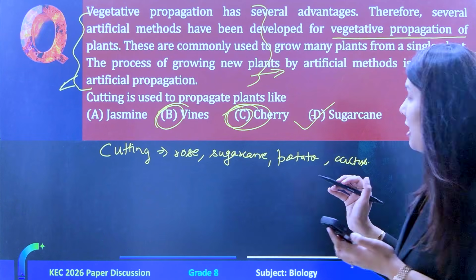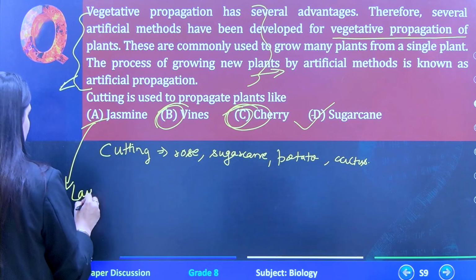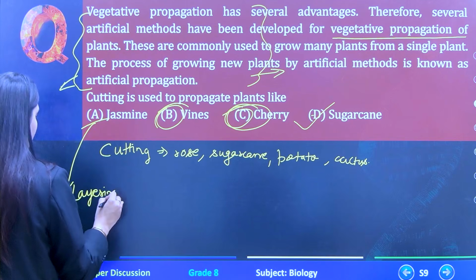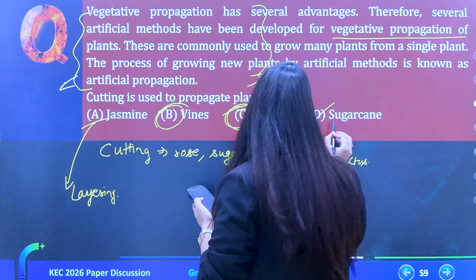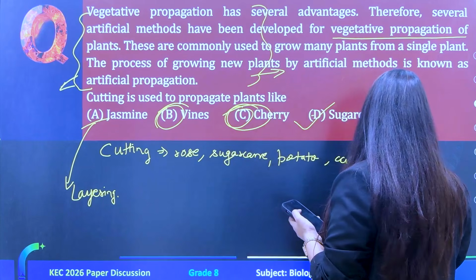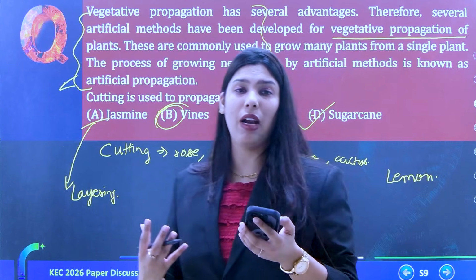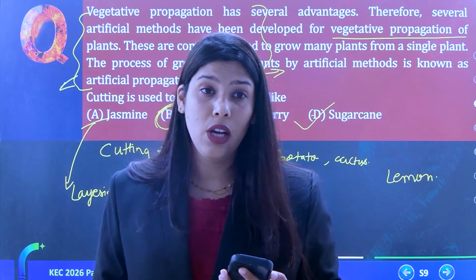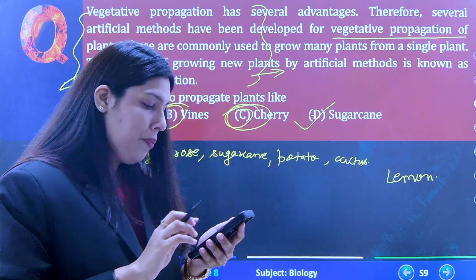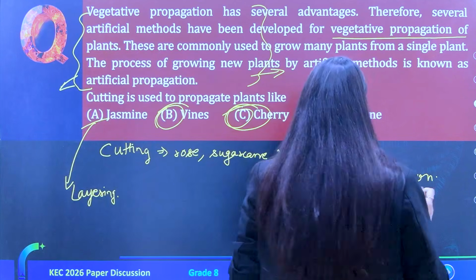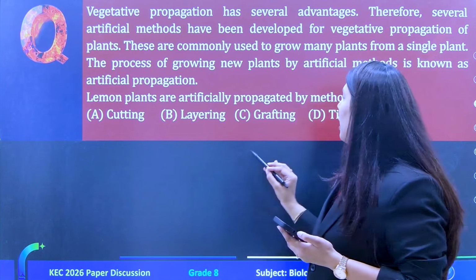See, jasmine is the classic example for layering. For grafting, the examples are lemon and mango, because there are varieties produced.